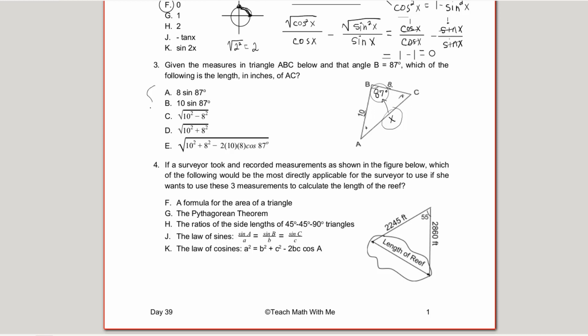And we can kind of get a hint by looking at our answer choices here. I would be familiar with the law of cosines and the law of sines. Sometimes they give it to us. In this particular case, they did not.